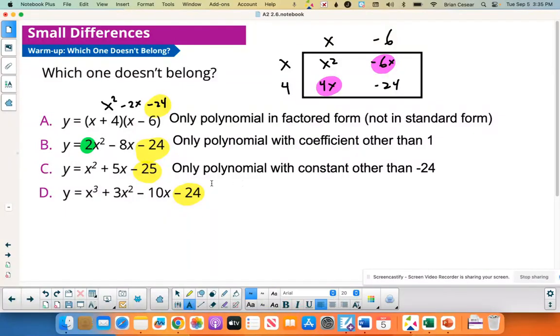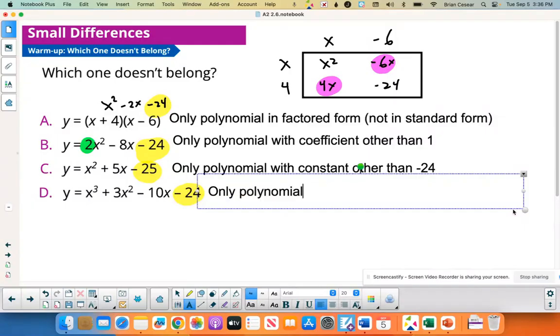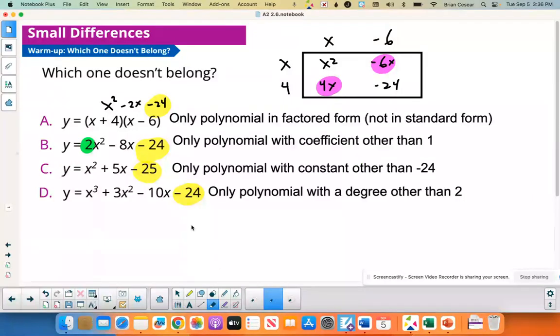And then the last one, this is the only polynomial with a degree other than 2. So the highest power is 3 on this one. If you look at the degree here, the highest power is 3.